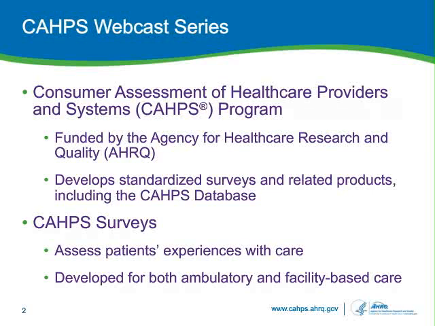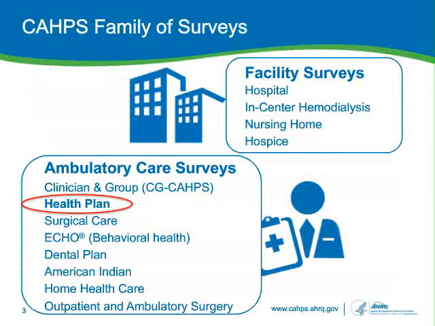The next slide is a brief overview of our family of surveys. We have HCAHPS, which measures care in the hospital, in-center hemodialysis for dialysis centers, nursing home, and hospice care CAHPS. In the ambulatory setting, we have the clinician group CAHPS survey, which also has segments that focus on aspects of the patient-centered medical home.